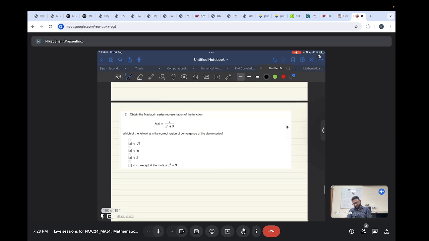So f of z is equal to z divided by z raised to power 4 plus 9. Correct region of convergence, that's what they're asking.